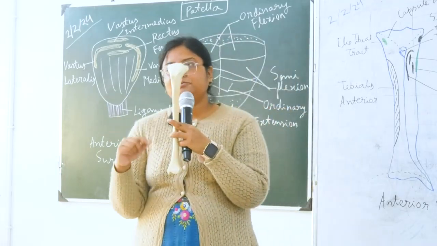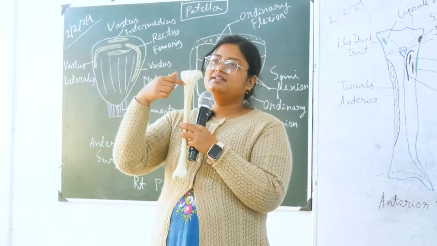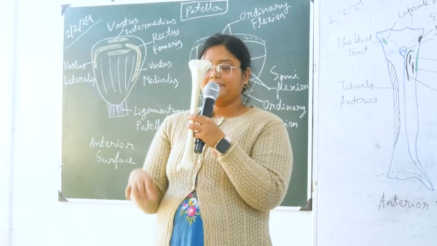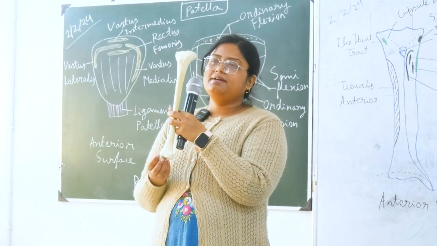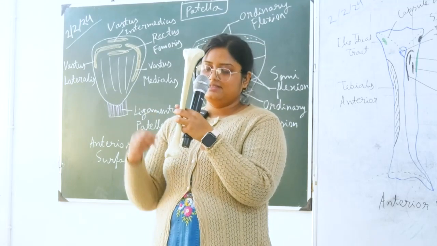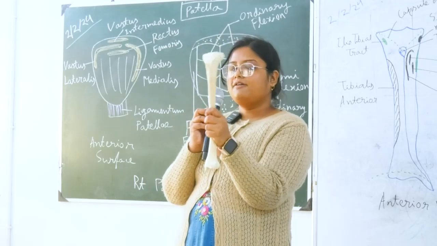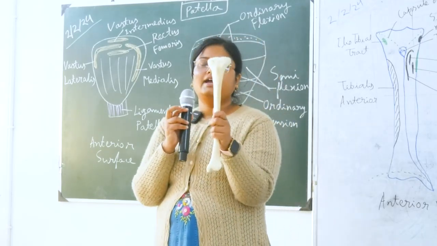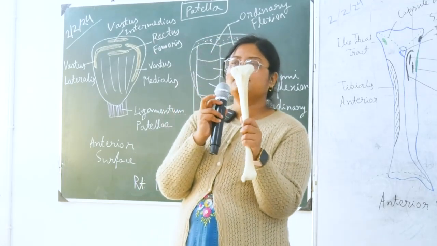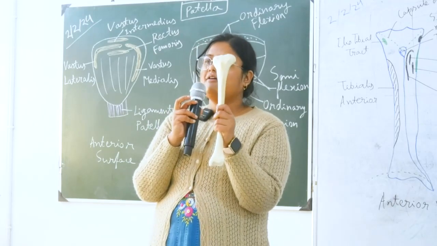Now anterior and posterior: the tibial tuberosity is directed anteriorly. For medial and lateral, the medial malleolus will be placed medially. So this is a tibia of the left side.